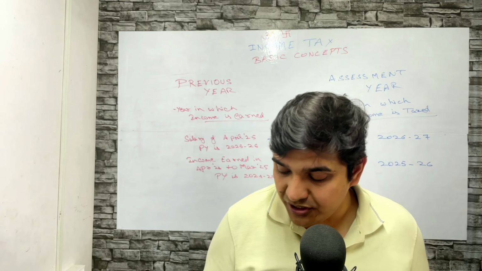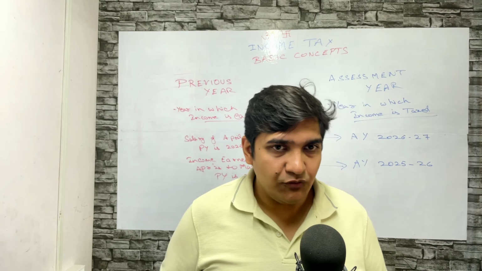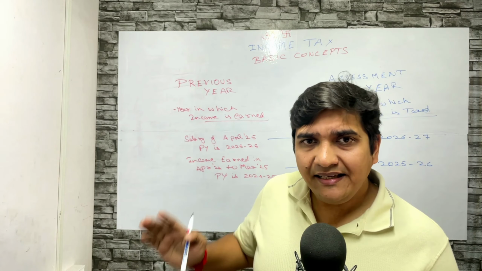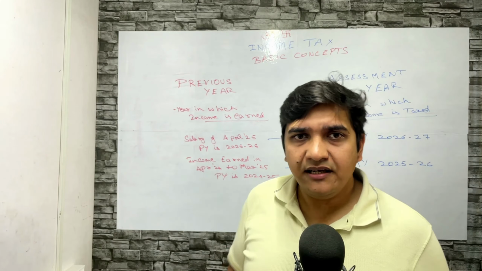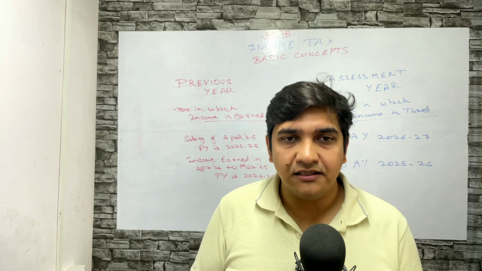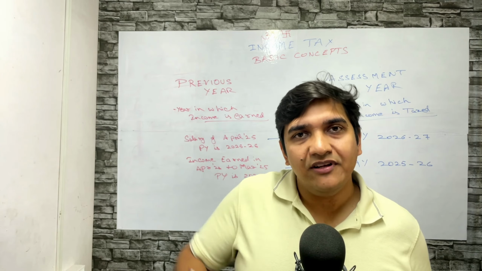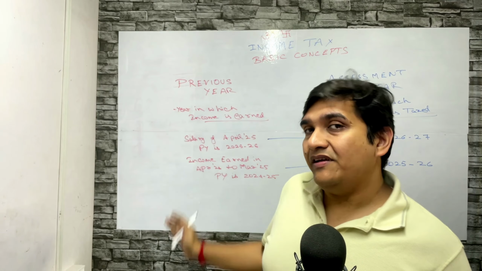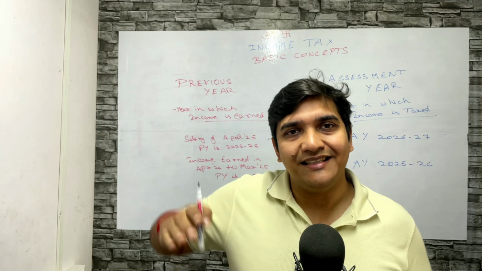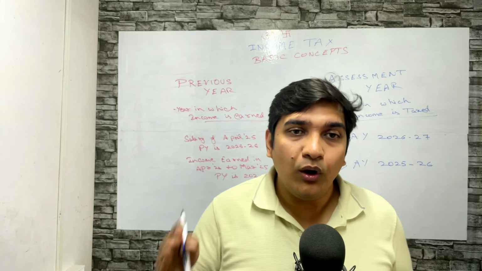What are the exceptions? What do I mean by exceptions? The general rule is that any income which is earned in the previous year is offered to tax in the assessment year. However, there are certain cases wherein the income will be taxed in the previous year itself, right? What are those instances?